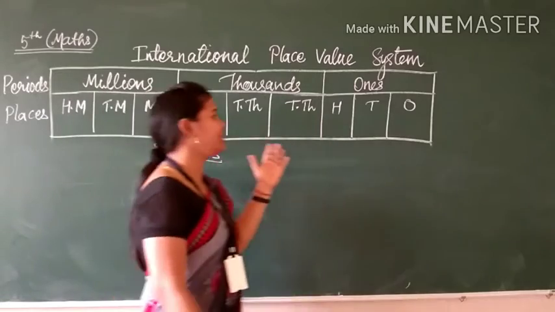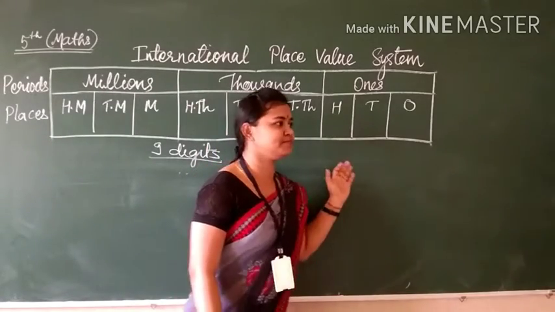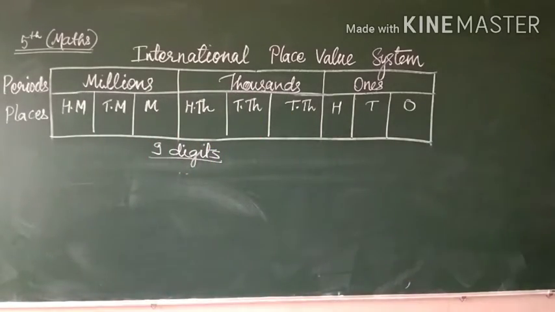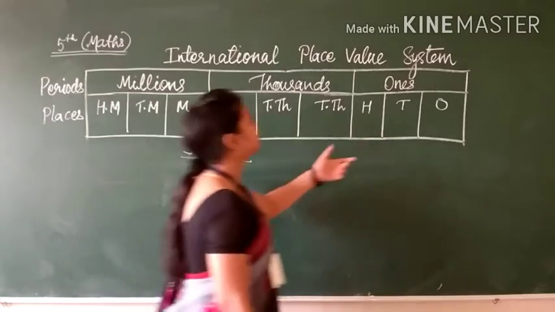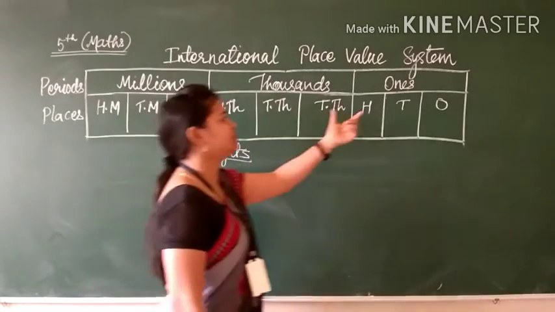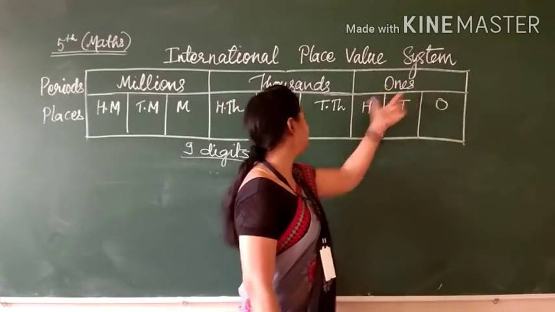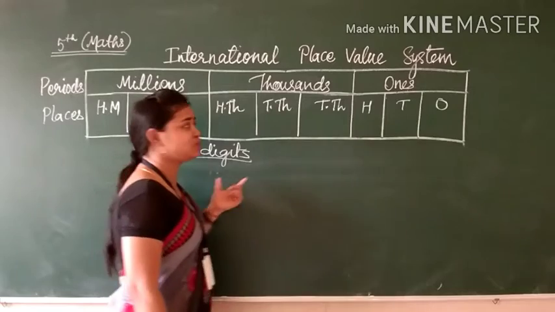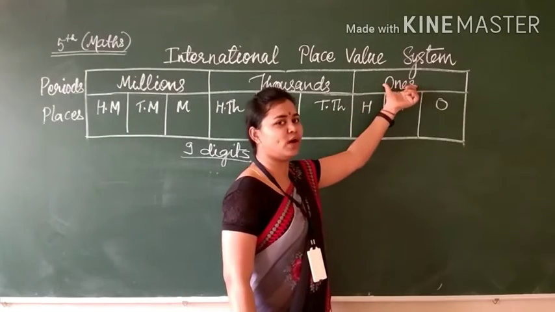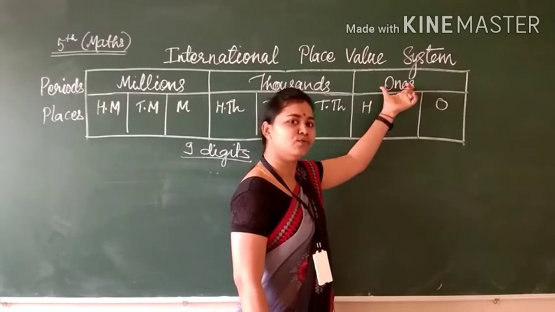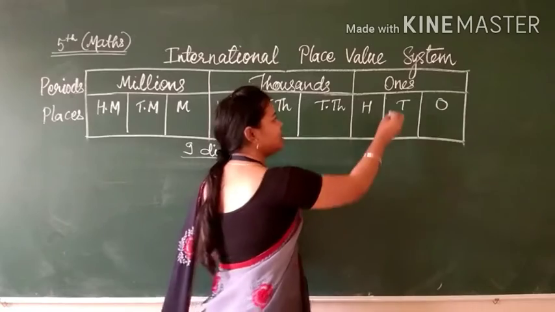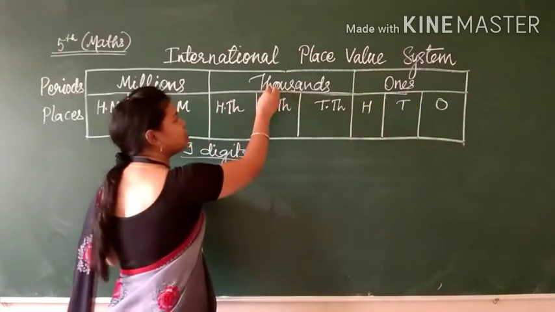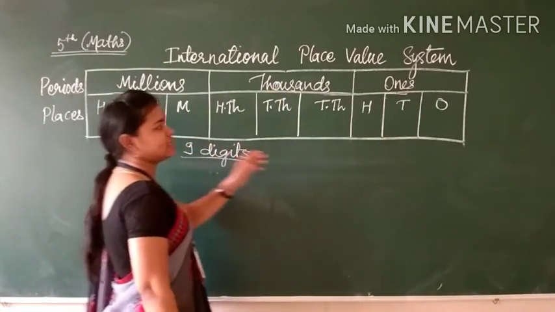In the international place value system, the first period will be ones only, the same as in the Indian place value system. After ones comes the thousands period, then millions, as I told you.